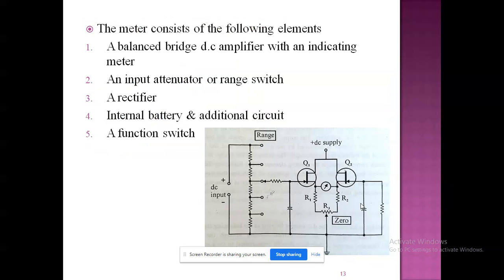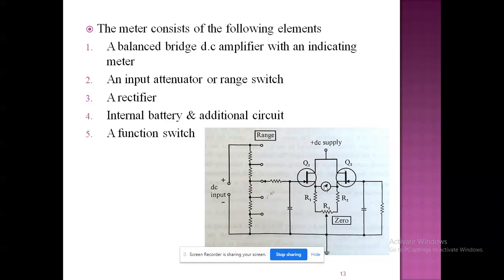Going back to the previous slide, when a positive voltage is applied to the gate of the input transistor Q1, its drain current increases, due to which the voltage at the source terminal rises. Due to the resulting unbalance between the source voltage of Q1 and Q2, the pointer of the indicating meter deflects on the scale, which is calibrated to read the magnitude of the applied input voltage.